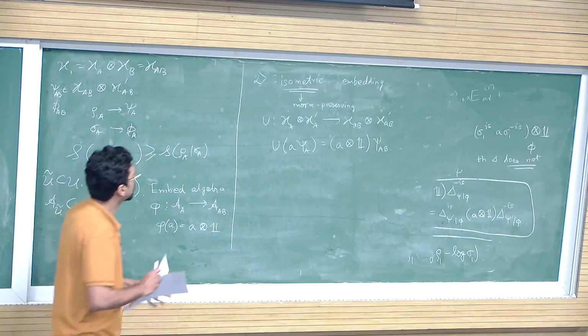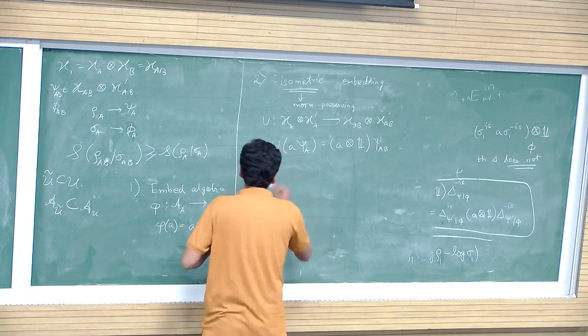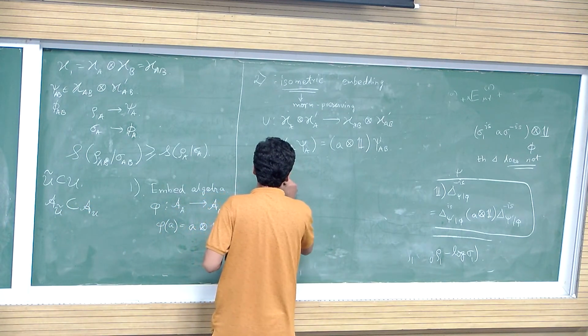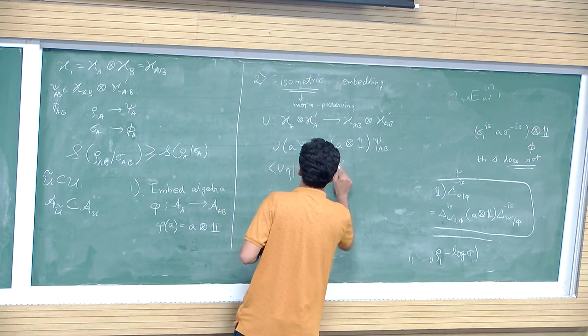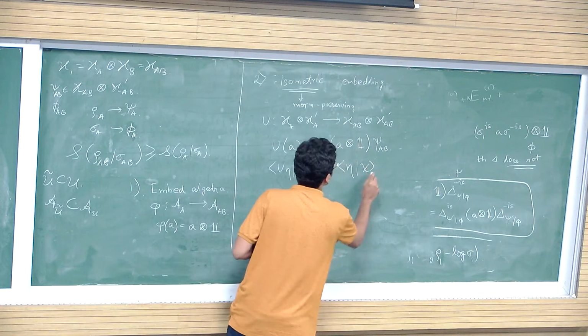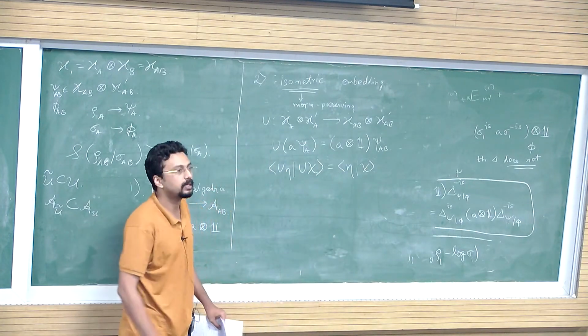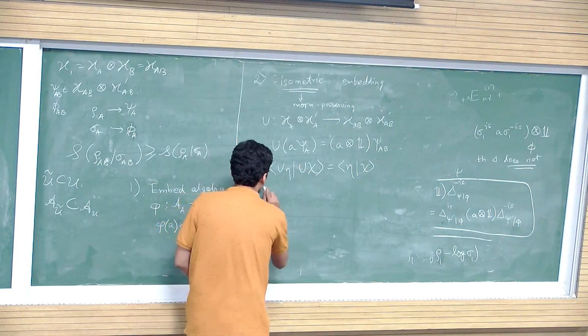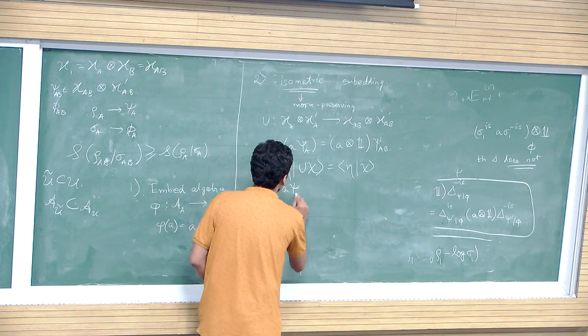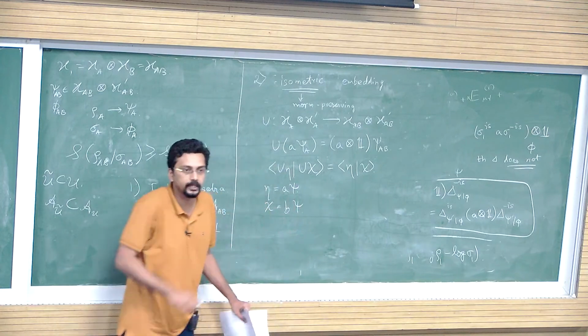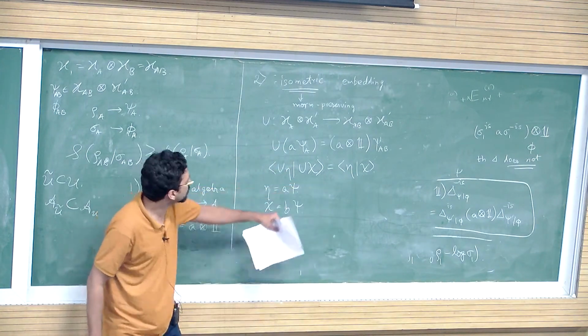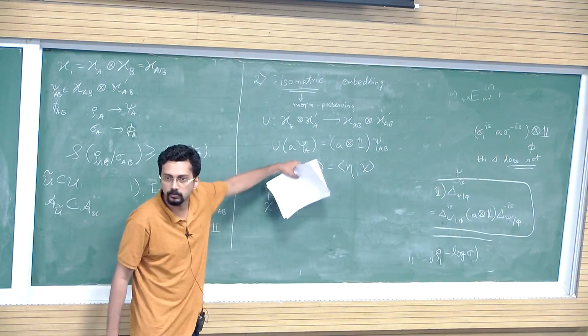So this is what this embedding does. And how is this norm preserving? If you want to show that, what you need to show is, for arbitrary states eta and chi, where eta is nothing but A acting on psi, chi is nothing but B acting on psi, A and B being two operators, it's very easy to show, and you can see it directly from the very definition.